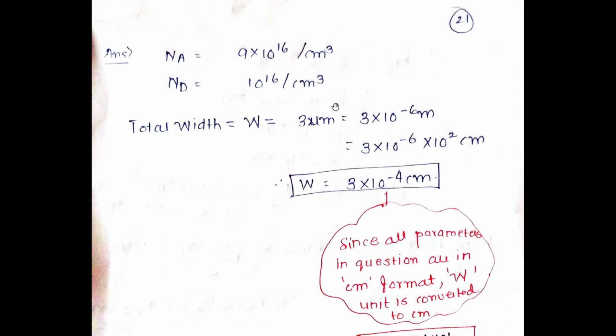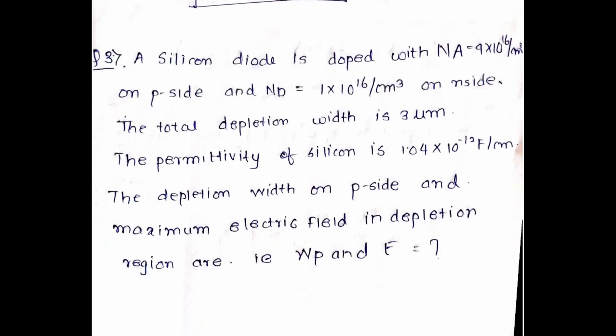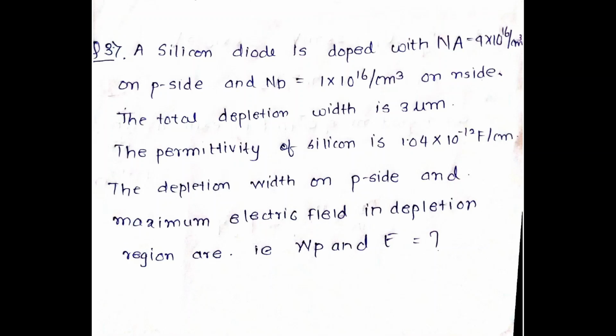This micrometer you have to convert to centimeter. Why so? If you look at the question over here, everything is given in terms of centimeter. Na is given in terms of centimeter. Nd is given in terms of centimeter. The depletion region width can also be given in terms of centimeter, and the permittivity of silicon is also given in centimeter only.